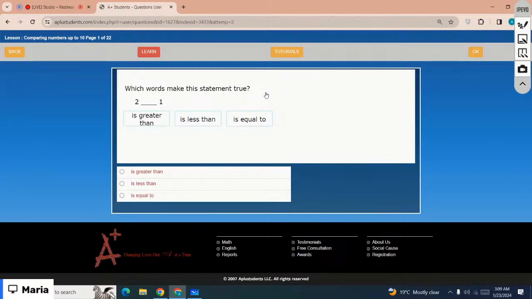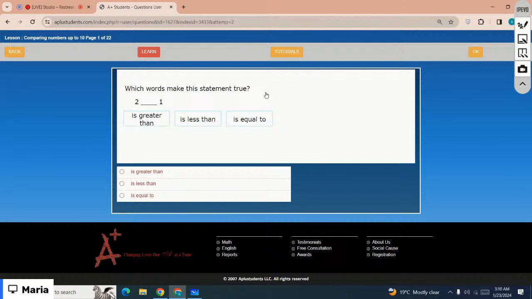Which words make the statement true? Which is the correct option? 2 is greater than 1 or less than 1? When you count, 2 comes after 1.